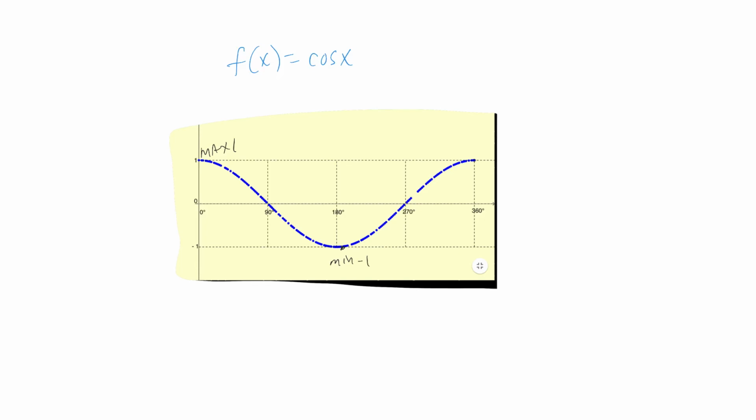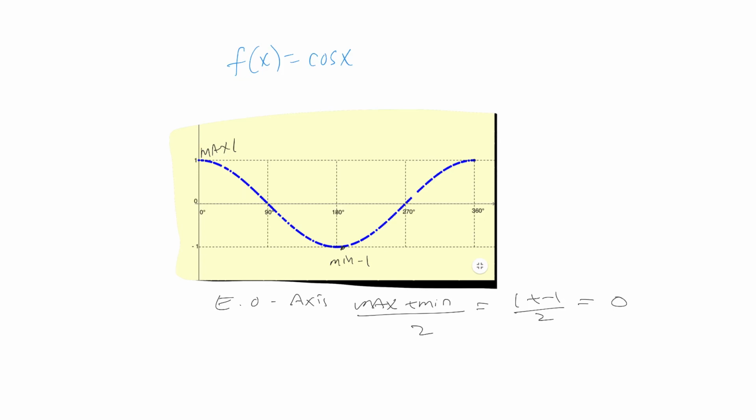What's the middle point? What's the equation of the axis? If you're not sure in terms of visually seeing this, what you could do is take the max and the min, add them together, and divide by 2. We take 1 plus -1 divided by 2, which equals 0. So we're finding the average between the max and the min.